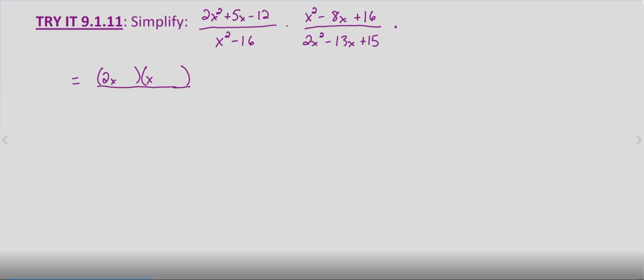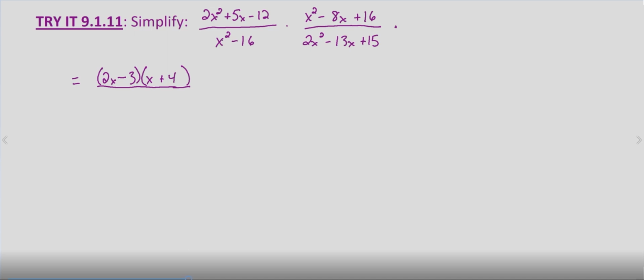Now, with a little bit of trial and error, if we look at the possible combinations, as we did when factoring in the past, we'll end up with the factorization 2x minus 3 times x plus 4.